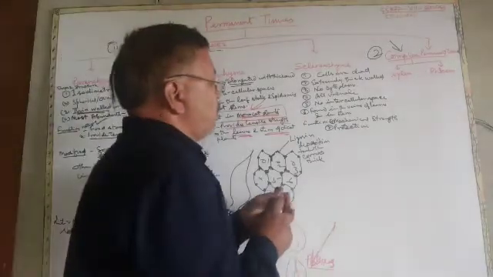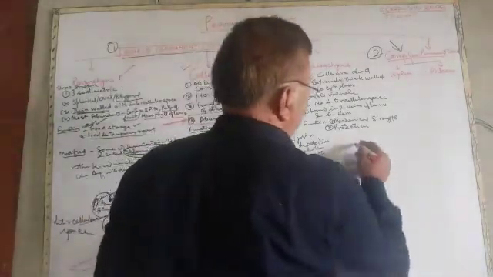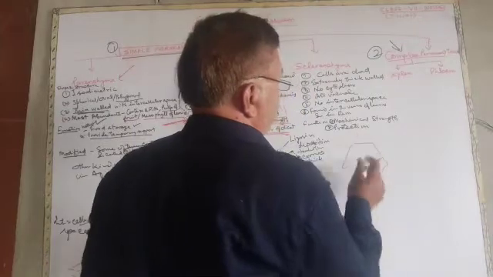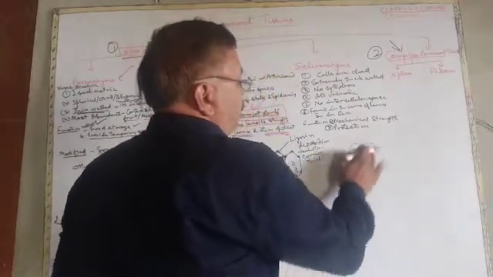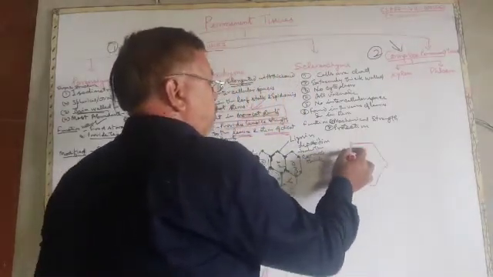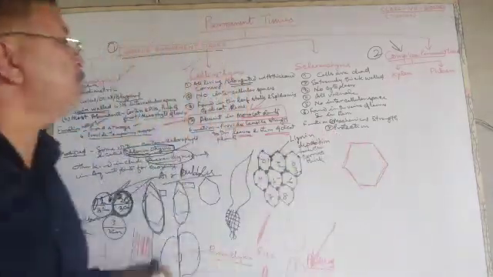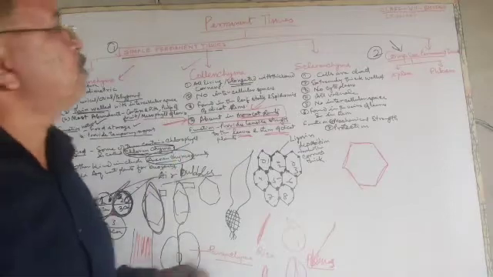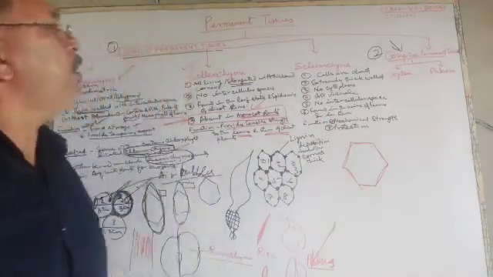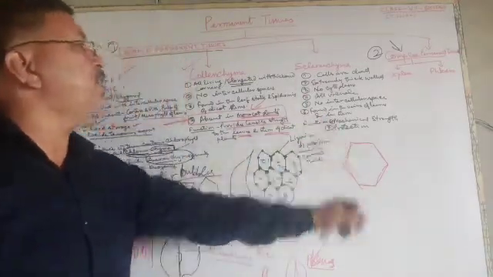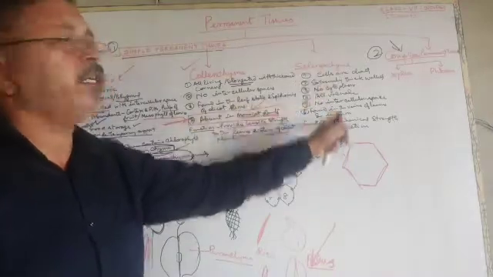If this is the cell, inside this cell nothing was found except the cell wall. This is the third or final stage of the cells that make sclerenchyma. These are dead cells.